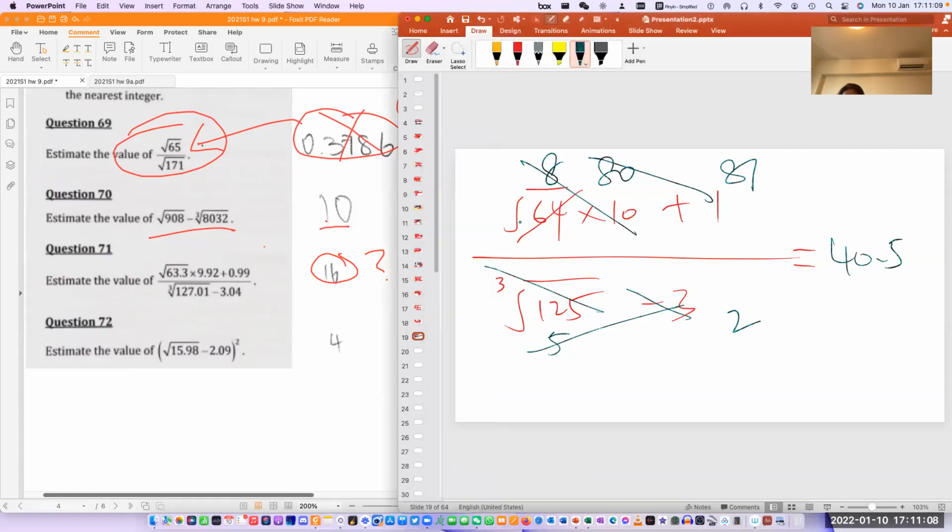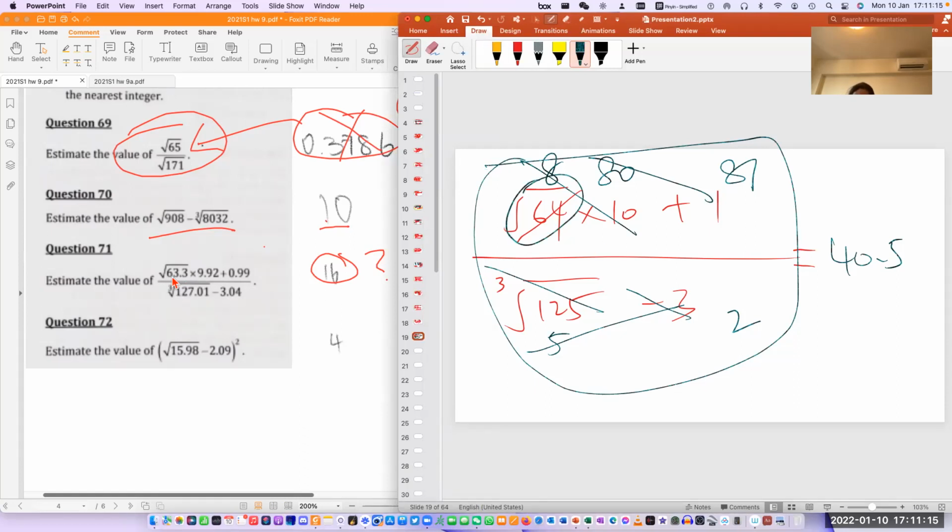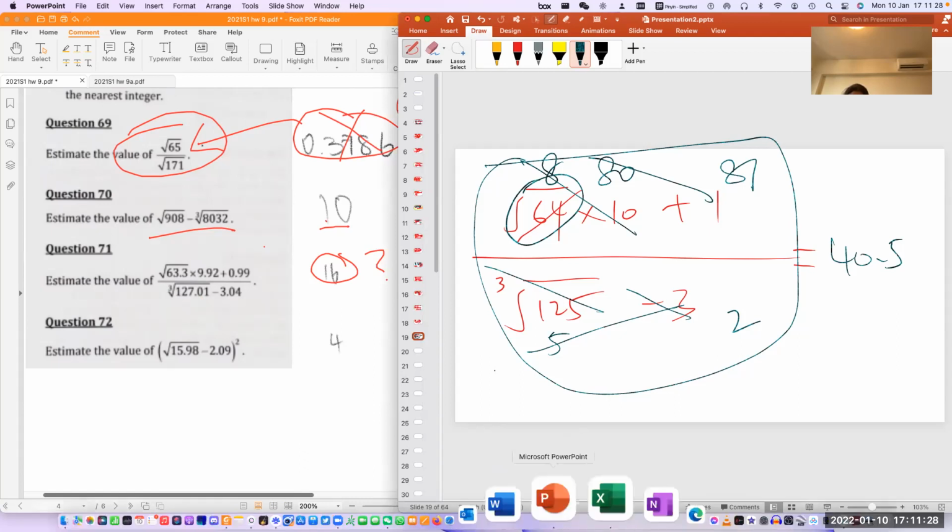By the way, do you understand how I do this? Like I estimate using square root 64 when the question gives me 60. And by the way, I have problems figuring out what is the closest to 127, so I just use my calculator here.